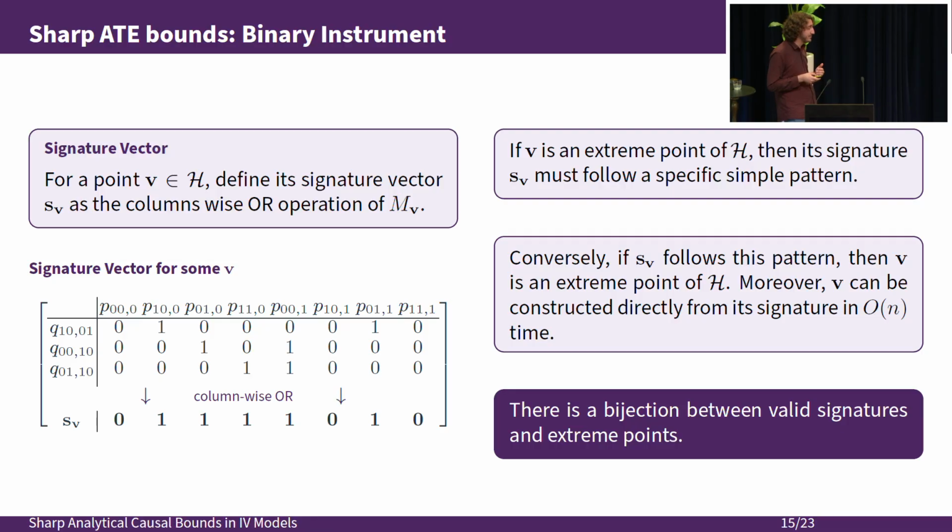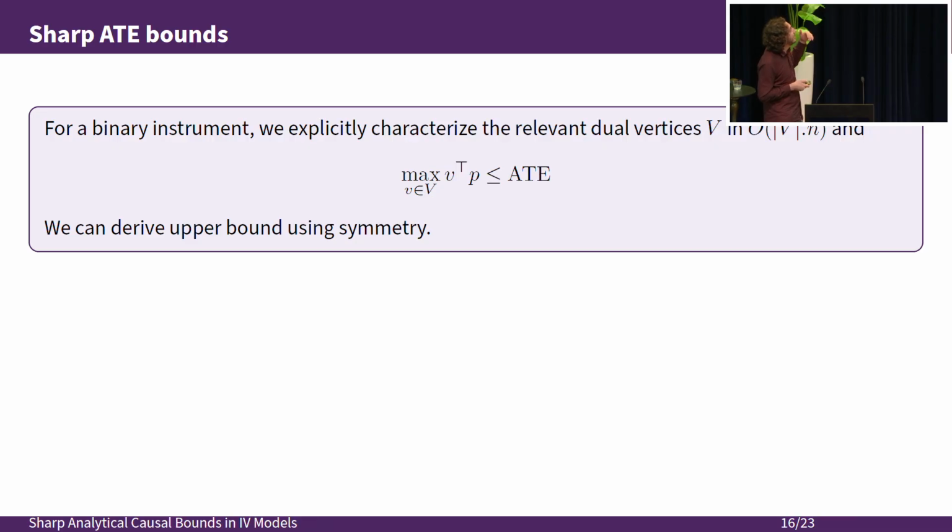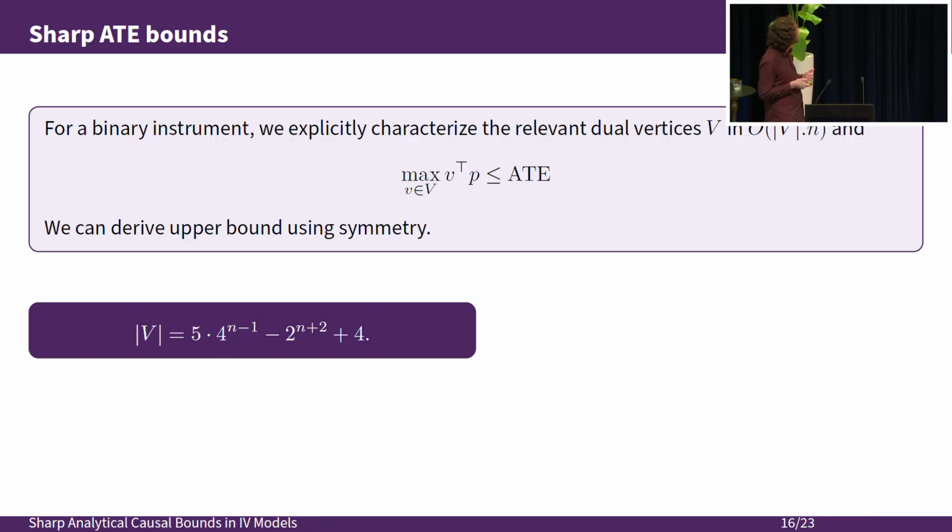So there is a bijection between these valid signatures and the extreme points. We can just work on enumerating these signatures, and then convert them linearly into the extreme points we wanted.